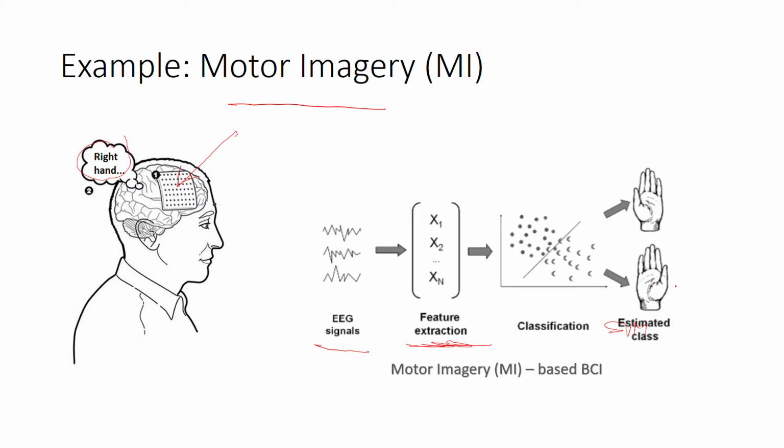Then once you have estimated the class, you probably want to move a device, such as a prosthesis or a robotic arm which could be used for rehabilitation. So the extracted filtered digital signal at the end can be used as a command to control an electronic device.